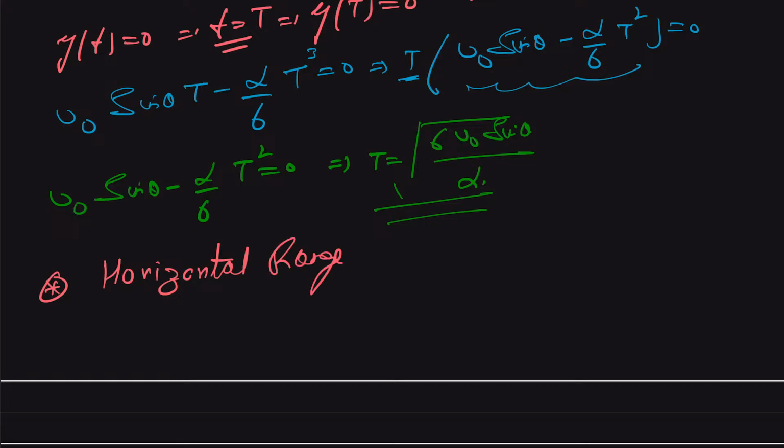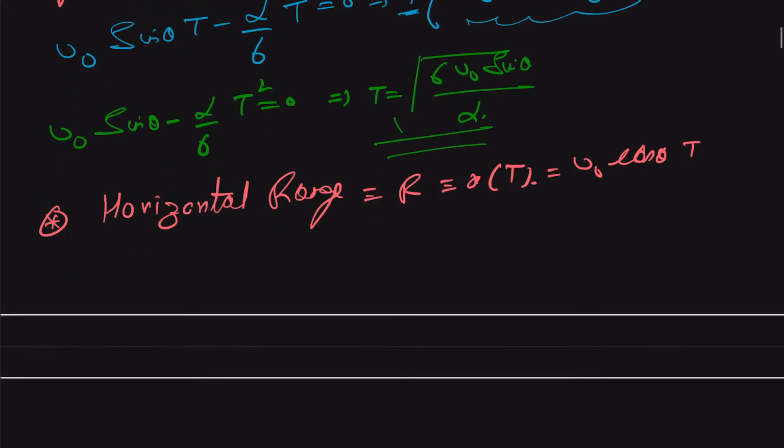Suppose it is represented as R. Obviously this will be nothing but the distance traveled in x direction at time capital T. And we already know that x of t is equal to v naught cos of theta multiplied by t, and we are going to substitute the value of T. So we get that the range will be equal to v naught cos of theta times the square root of 6 v naught sine of theta over alpha. So this is our range.